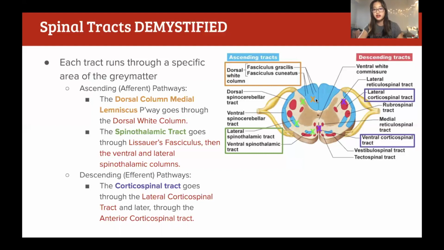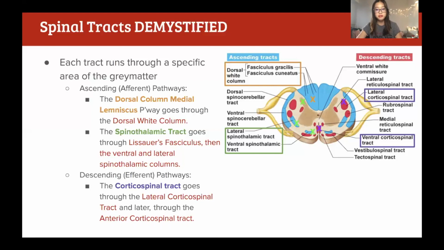And if dorsal means posterior, it means the back, then ventral means anterior, it means the front, okay? And then here we have the lateral corticospinal tract. Lateral means on the side, as opposed to medial, which is in the middle. I'm sure you guys have probably heard this somewhere, but if you haven't, then now you know.